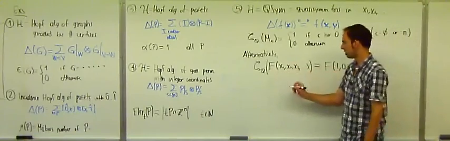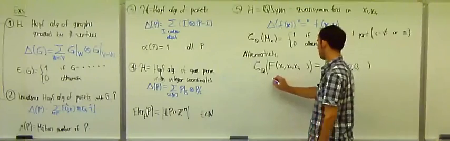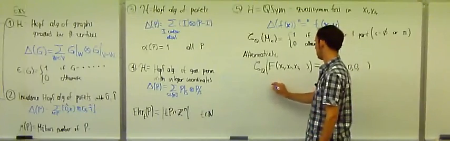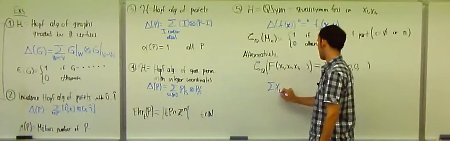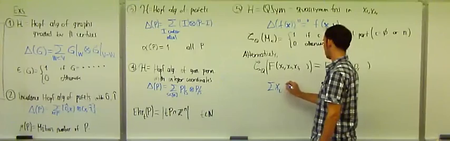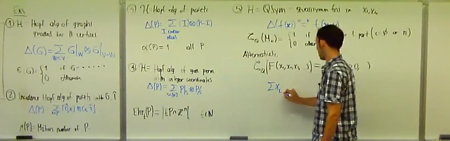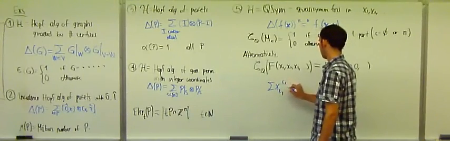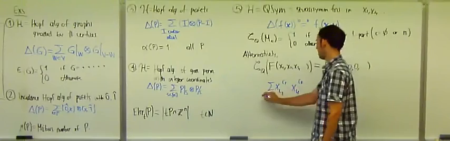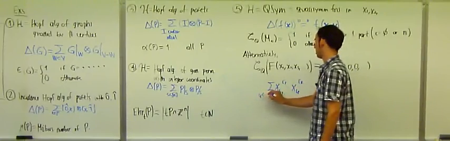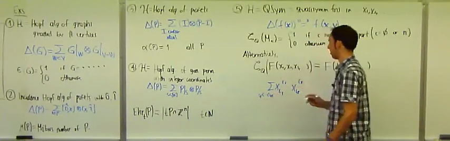Let's say that if we plug in M_C, then this is going to be the sum of x_{i1} to the c1 dot dot dot x_{ik} to the ck, where i1 is less than dot dot dot less than ik.